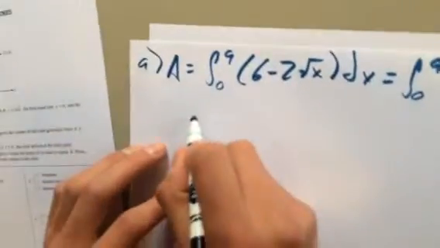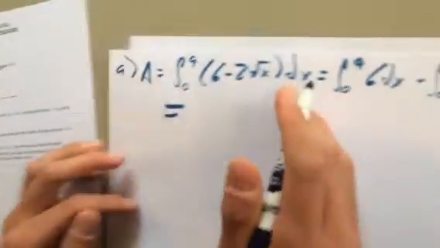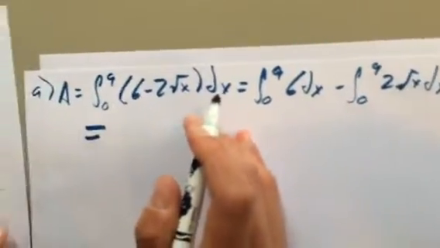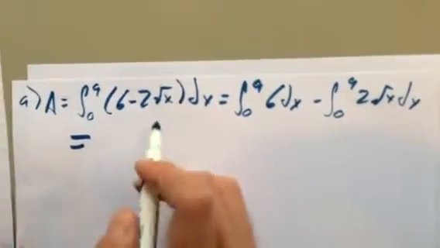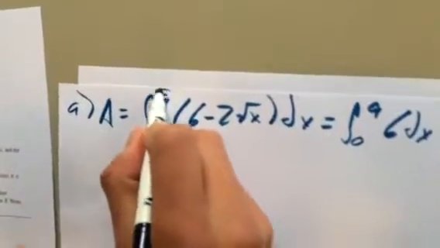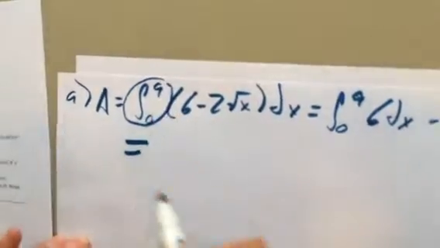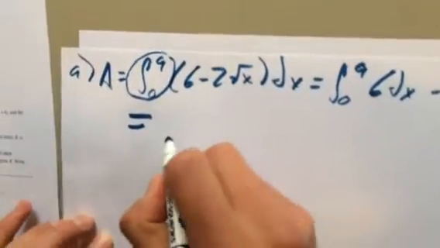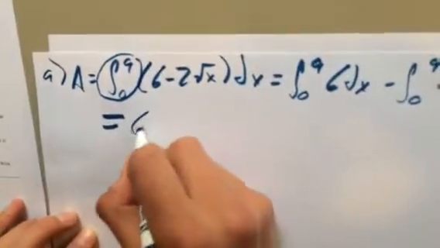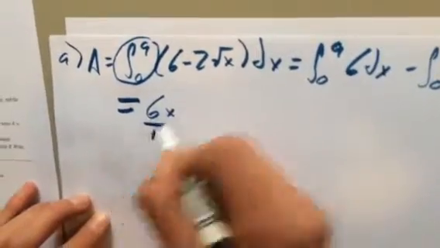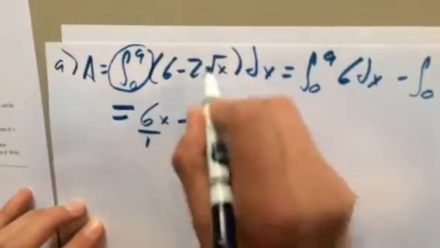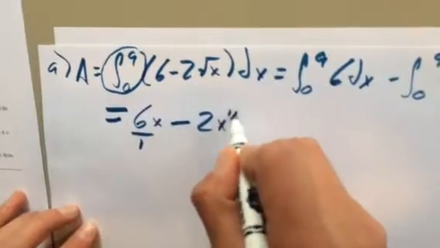Now, if you have completely forgotten how to integrate, that's not the best, but it's still acceptable because you get a point just for remembering that. Okay, so now our antiderivative. We're going to take 6x, that's just going to be 6x, minus 2x to the 1/2.